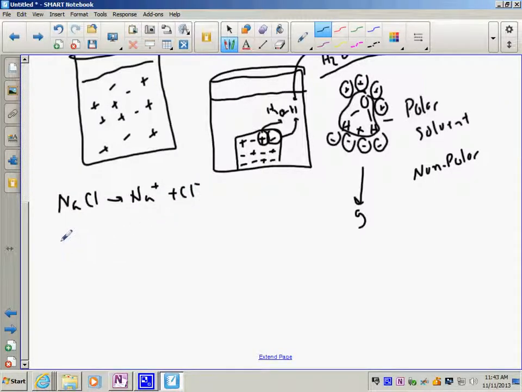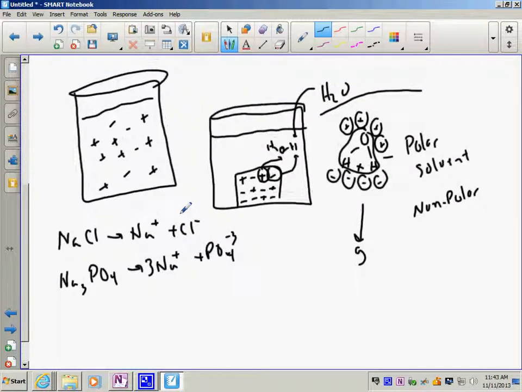Or we could have Na3PO4 goes to 3 Na+ plus PO4 3-. Total of 4 particles, total of 2 particles. Either way, the more particles you have dissolved in there, the easier it is to conduct electricity across this thing. We could put a little electrode in there, electrons will shovel across here up to another electrode and out. Unique property called an electrolyte. That's it.